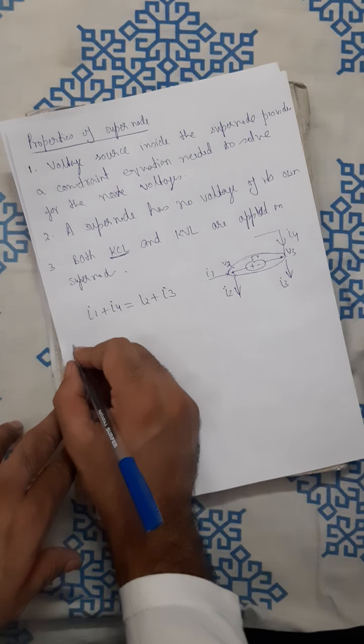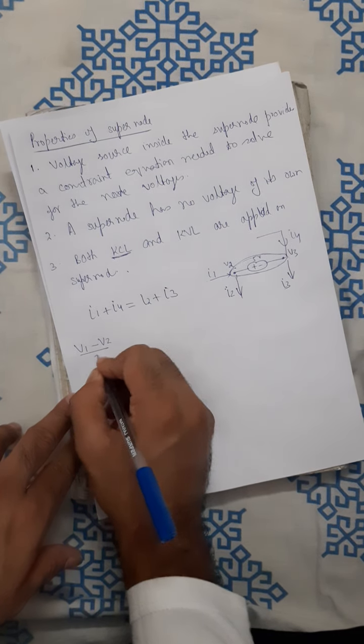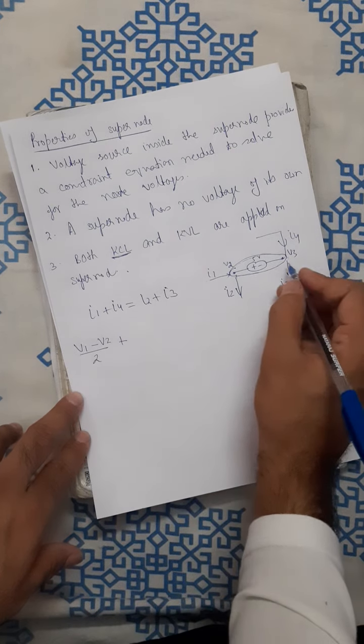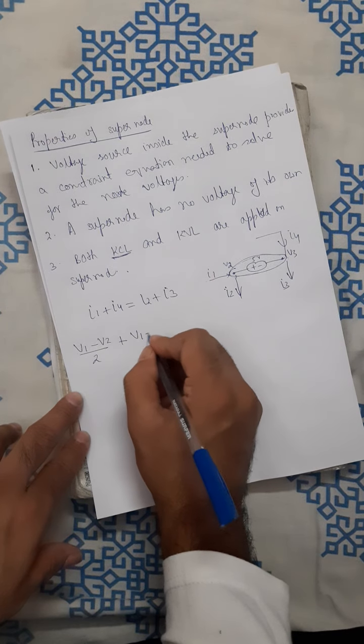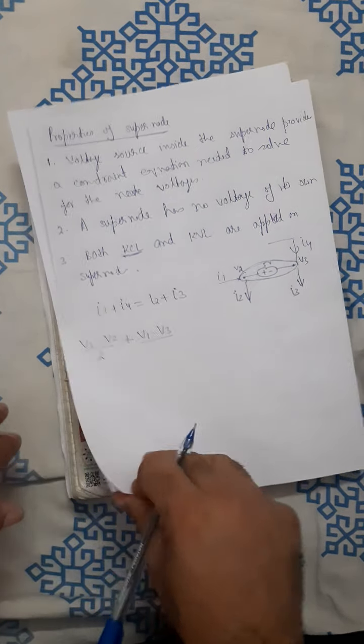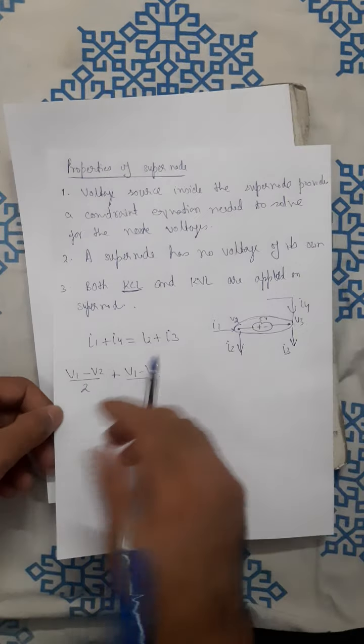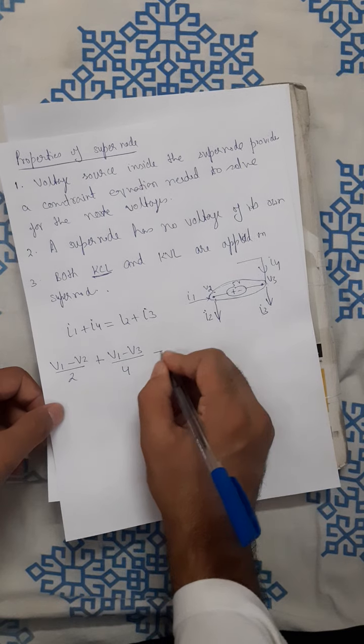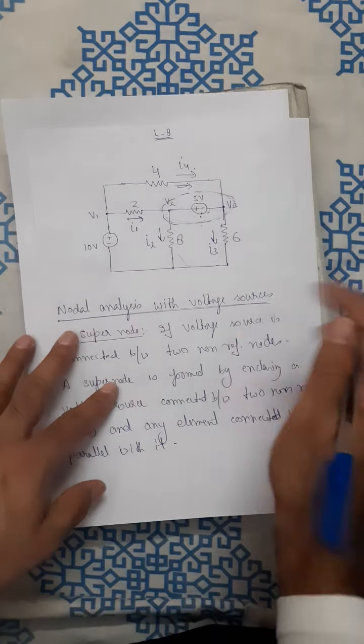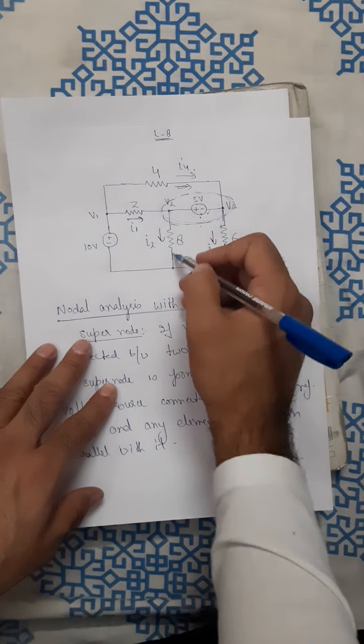So I1 is nothing but (V1 minus V2) by 2. And I4 is nothing but (V1 minus V3) by, what is this resistor? (V1 minus V3) by 4, equal to, what is I2? I2 is the current that is going down, it is V2 by 8.